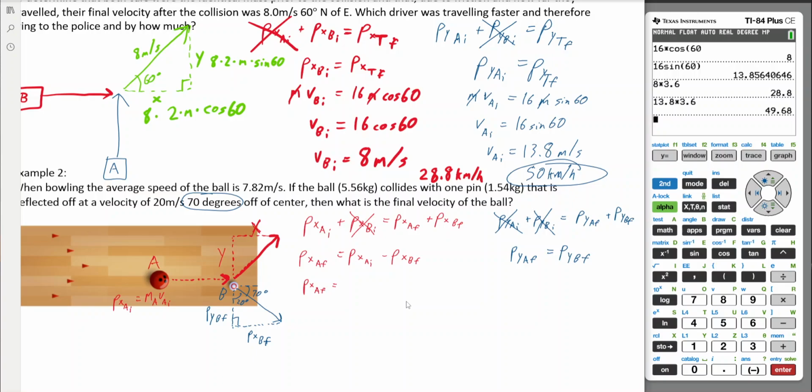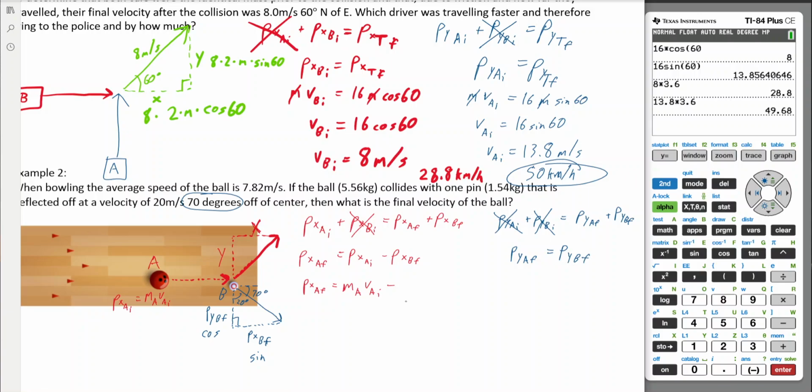PXAF equals, now we'll write in MAVAI minus the horizontal component, which is going to be the sine. I should put that in blue. This is going to be the sine function of 20. This is going to be the cos function of 20.